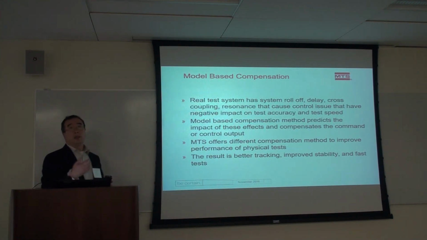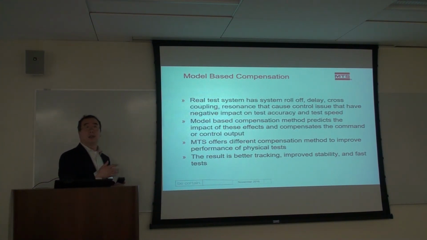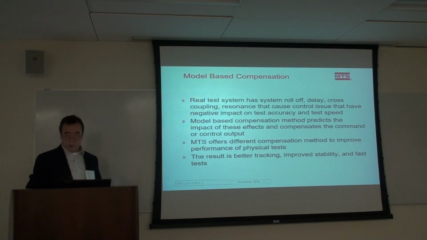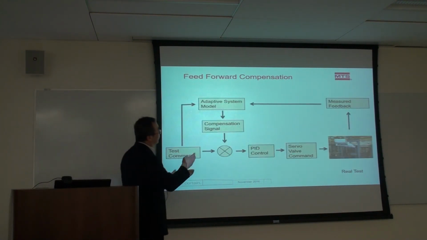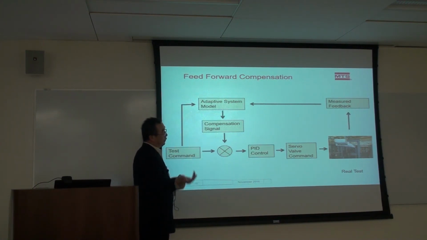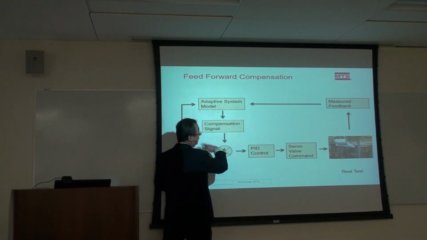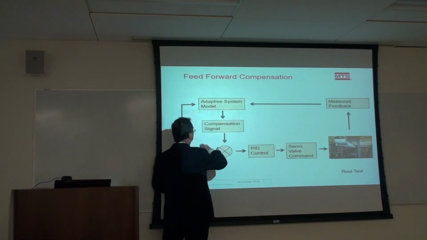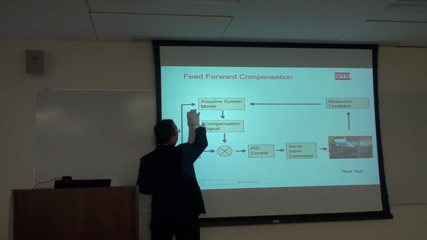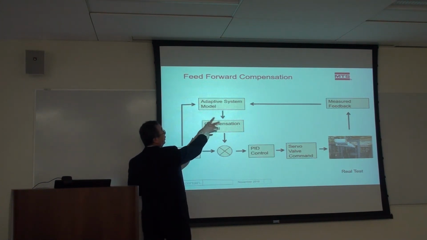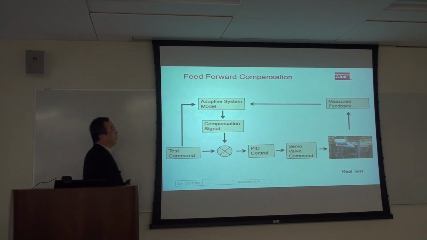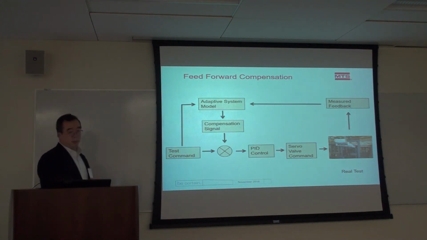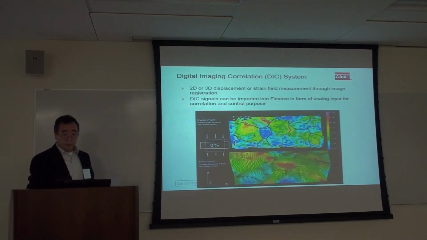In that case, you can run the test faster and save a lot of money and time. So you need to create some compensation method; the time series method and the H infinity method can all be tried here. If stability issues arise, the compensators can quiet them down, and then tests can be run faster.